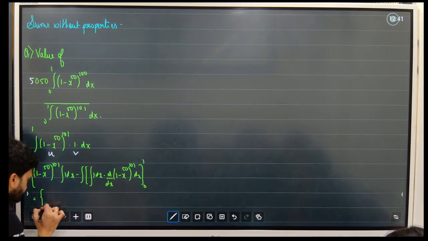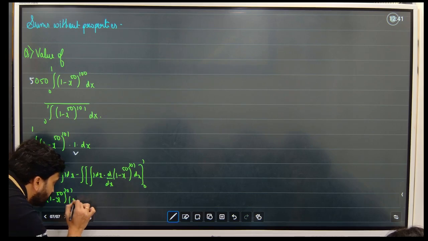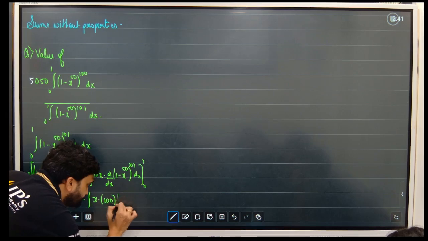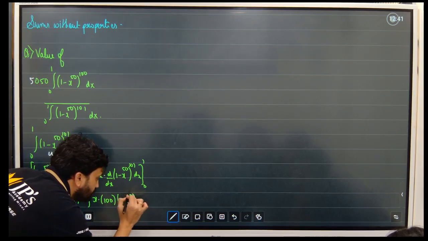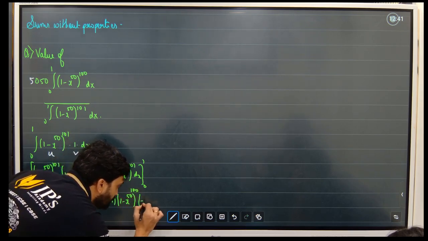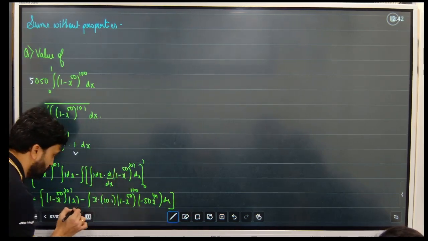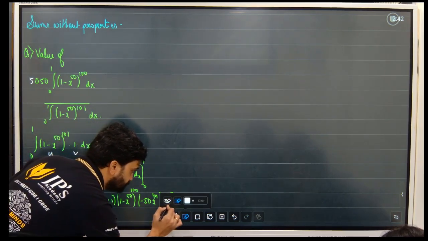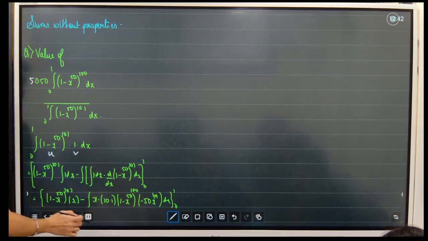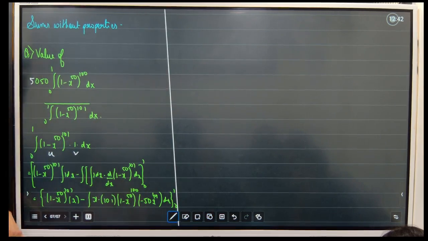If I simplify this, you get (1 minus x raised to 50) raised to 101 times integration of 1, which is x, minus integration of x into, if I differentiate this, I will get 101 (1 minus x raised to 50) raised to 100 into minus 50 x raised to 49 dx. This entire part is from 0 to 1.